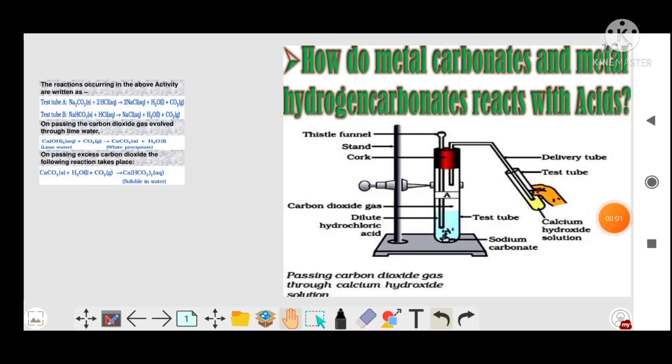Now, how do metal carbonates and metal hydrogen carbonates react with acid? At first, in a test tube, dilute hydrochloric acid is taken and metal carbonate is taken, that is sodium carbonate.